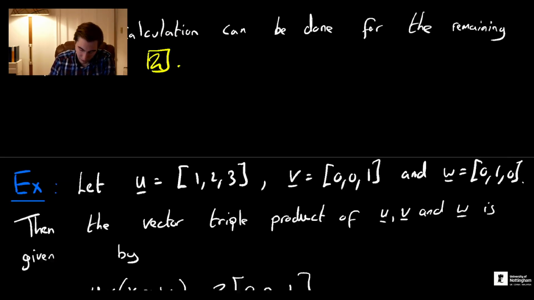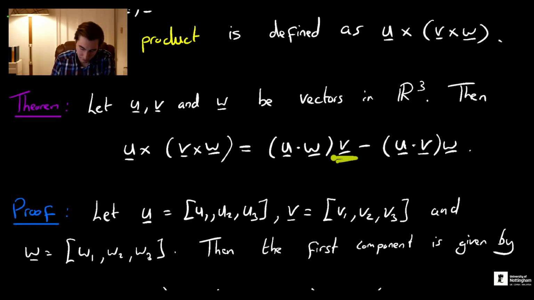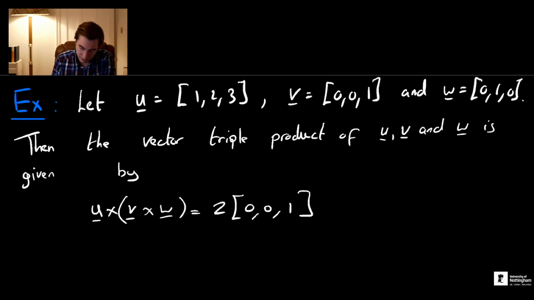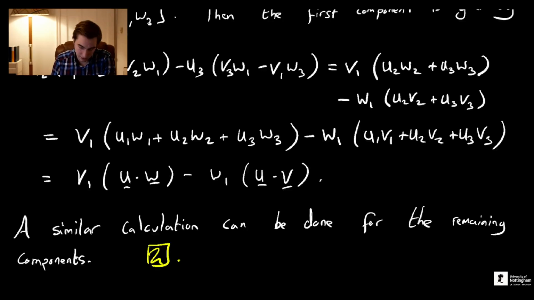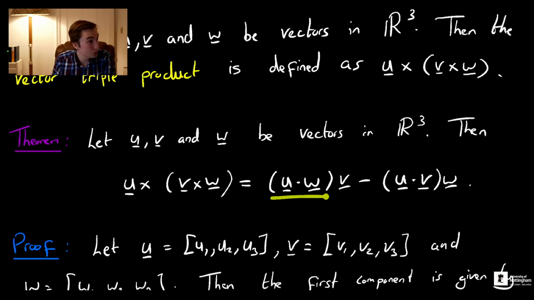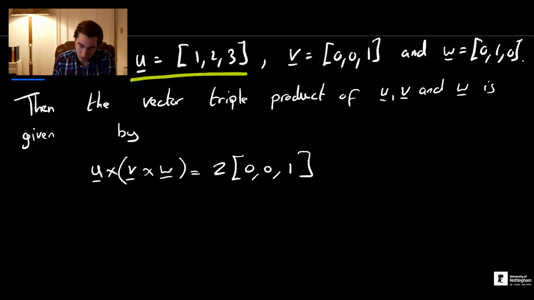Let's just look at our formula above. So we take the vector v. Our vector v here is this 0, 0, 1, which is what we got here. And then the thing in front was u dot w. So u dot w is this one dotted with w, which in other words just gives this second component, namely the number 2. And then the second piece I've written as minus 3, 0, 0, 1.